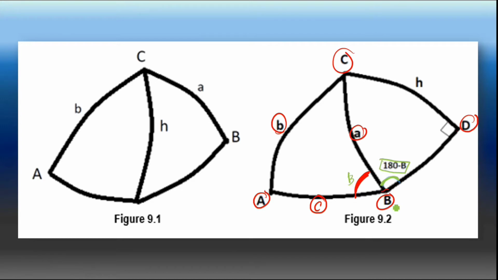You have to consider that from this portion up to this portion, it is 180 degrees. Therefore, this angle here would measure 180 minus angle B. So these are just illustrations of the oblique spherical triangle.